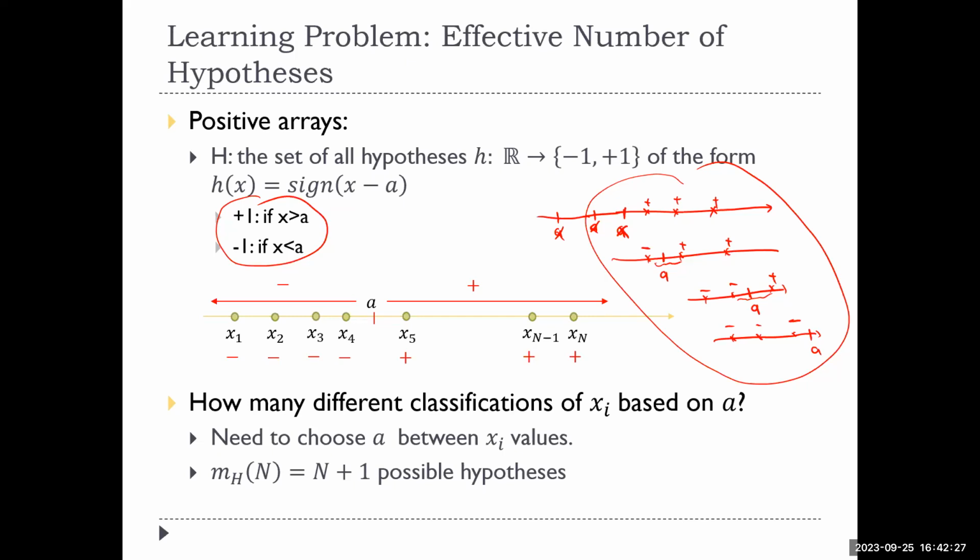It's n minus 1 in between, plus one on the left side and one on the outside, so you get n plus 1 possible hypotheses. So this is my growth function. For this hypothesis set, my growth function is n plus 1. Is it polynomial? Yes, it's polynomial. N is to the power 1.